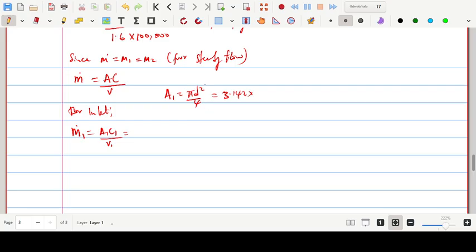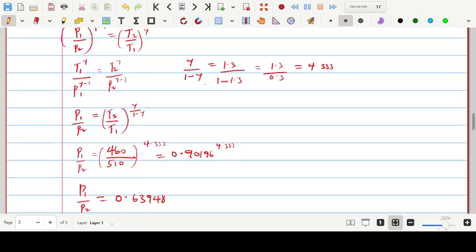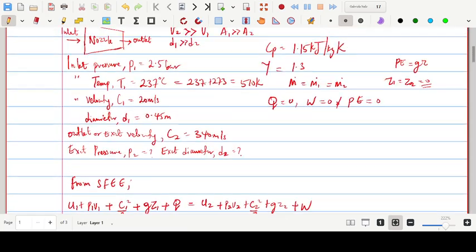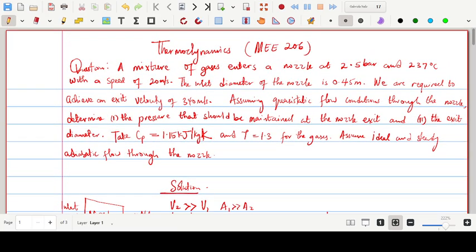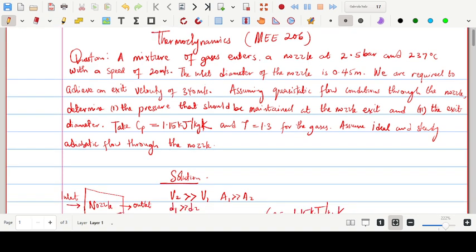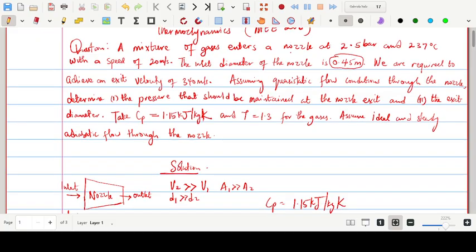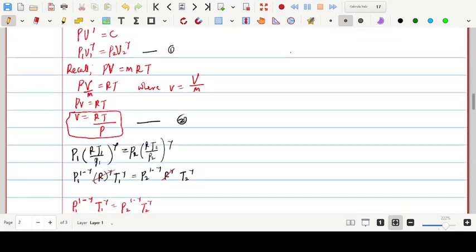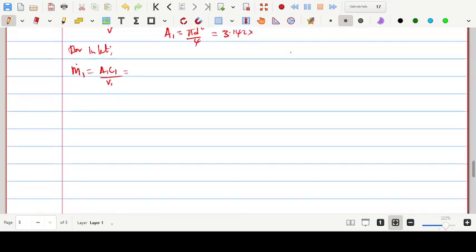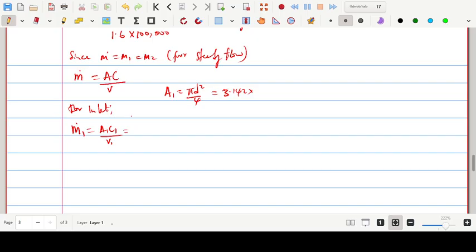I think 0.45 or so. Let me confirm. Yes, 0.45. The inlet diameter is 0.45. So this one is 0.45 squared divided by 4.